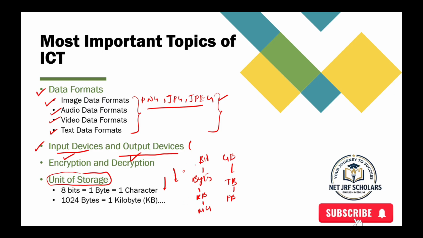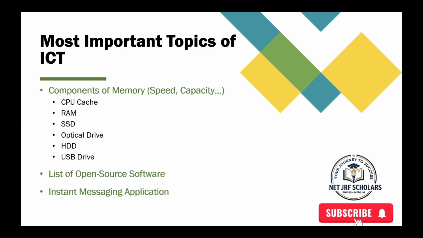Okay, first bit, byte, KB, MB, GB, TB, PB. Okay, this order is very important. Please remember this order. And one thing you need to remember is that 8 bits is equal to 1 byte, and that 1 byte is required to store a character into the computers.